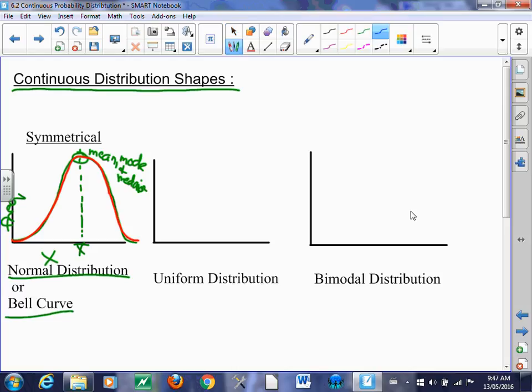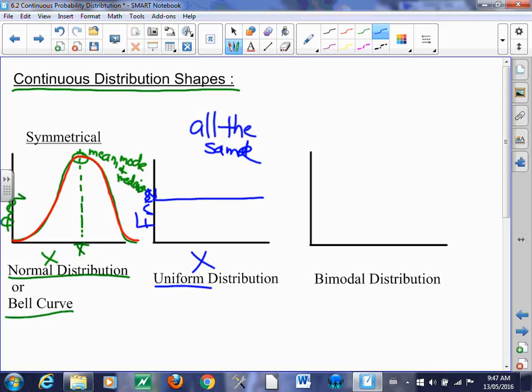All right, so a uniform distribution, again, our random variable is on the x, our frequency is on the y. A uniform means that it has equal distribution. So if we take a die, and we roll a 1, or a 2, or a 3, or a 4, they all have the same result, the same probability.